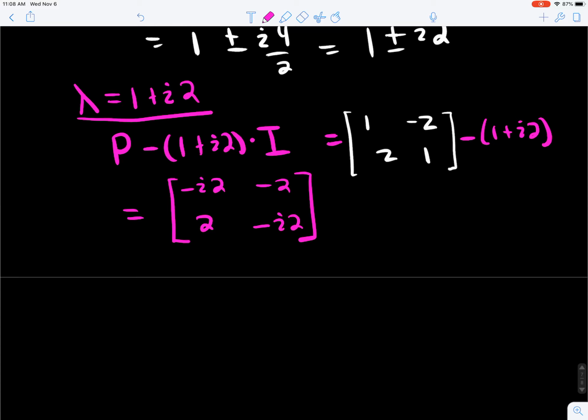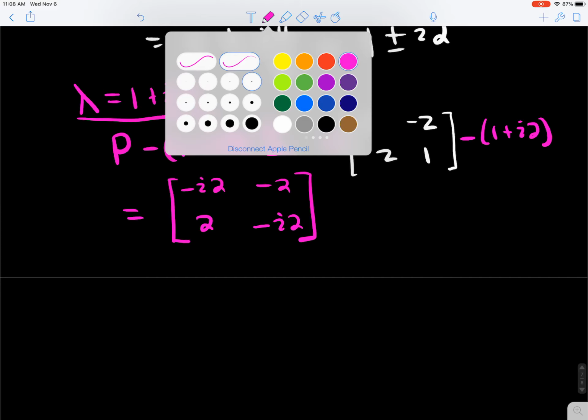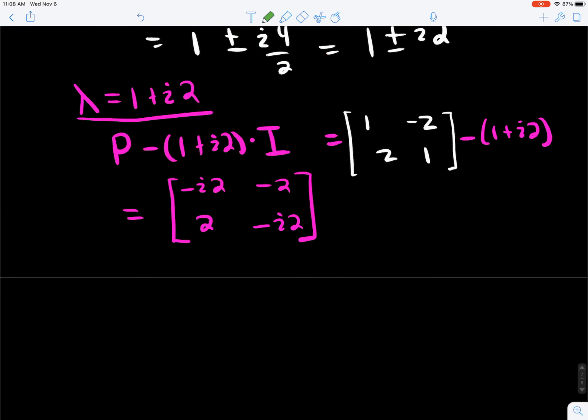So we're trying to figure out what v is. So what we need also in this is we need to multiply by v, and on the right, I'm going to set this to the vector 0. So I'm solving for a v that satisfies this equation. This v here is an eigenvector.